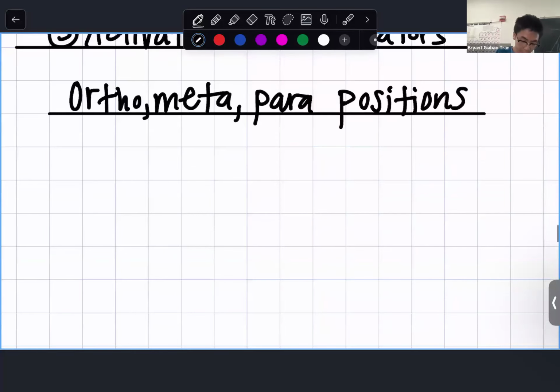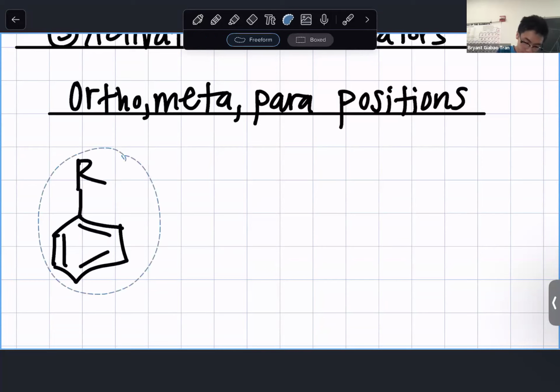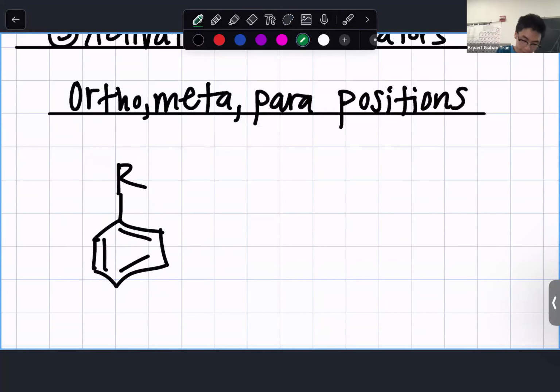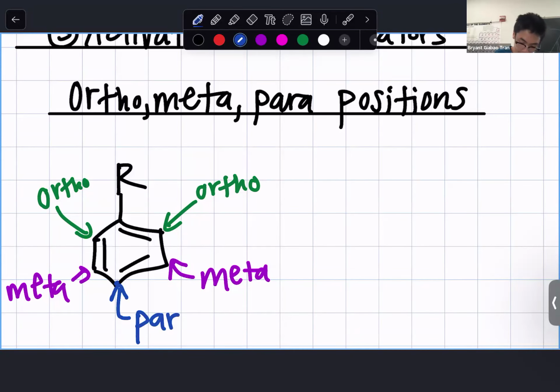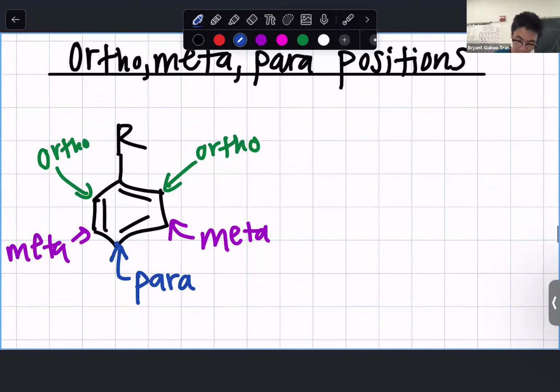If we have a benzene ring with one substituent, which I'm going to label as a random R group, the ortho position is 1 carbon away from that substituent. Meta position is 2 carbons away from that substituent. Para is going to be parallel to that substituent, or 3 carbons away.